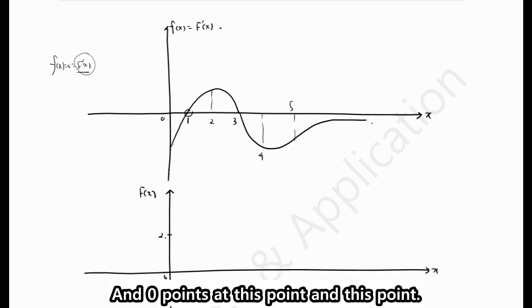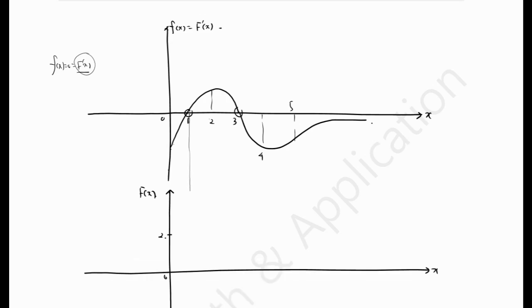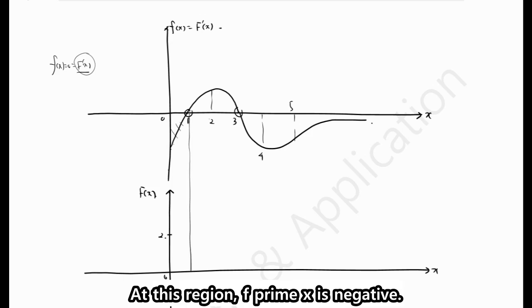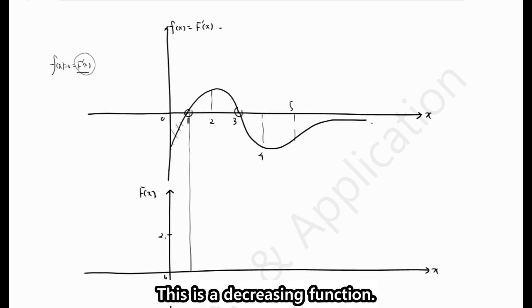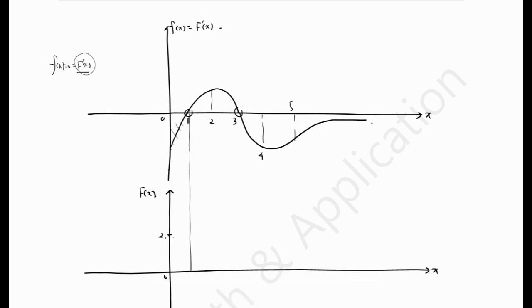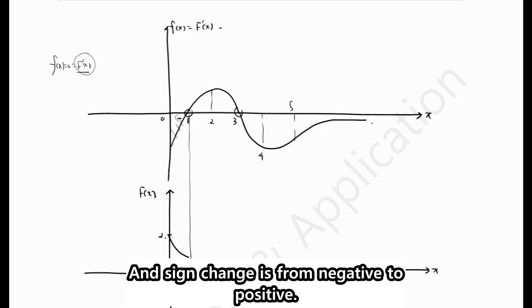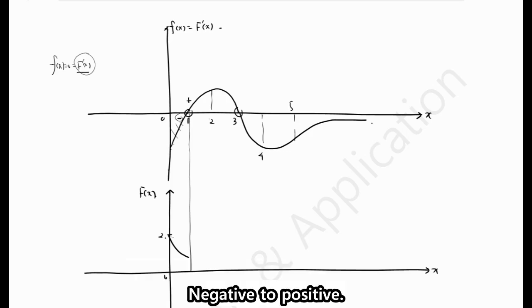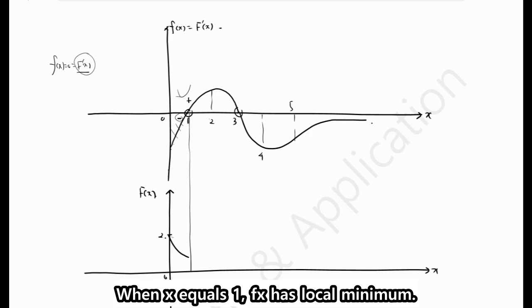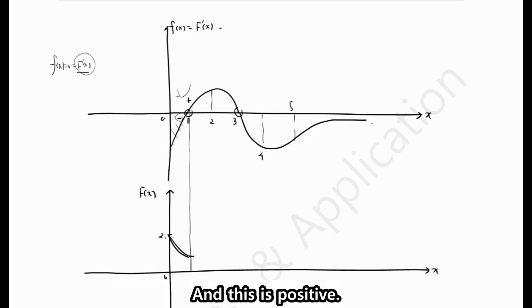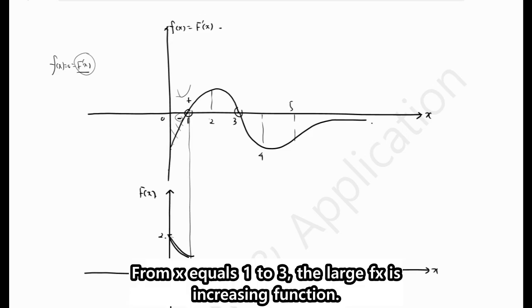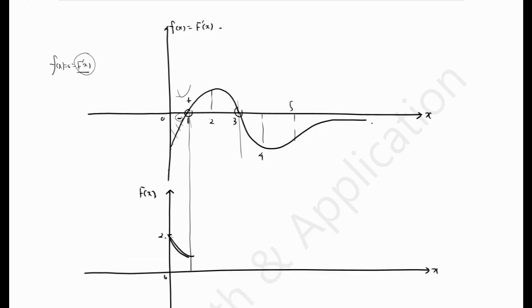And zero points are at this point and this point. In this region, F prime x is negative. This is a decreasing function. And the sign changes from negative to positive. So at x equals 1, F(x) has a local minimum. And it's positive from x equals 1 to 3, so the large F(x) is an increasing function.